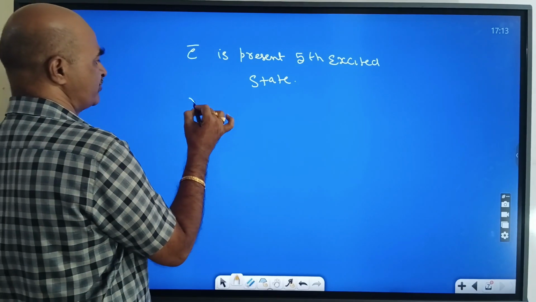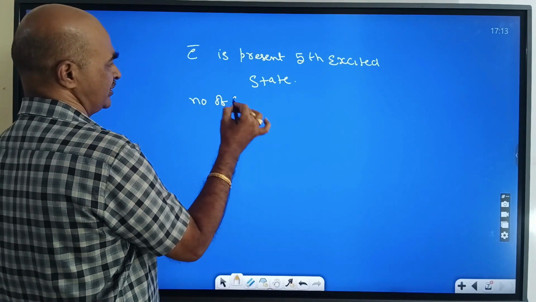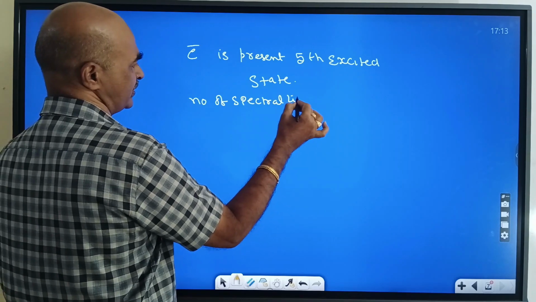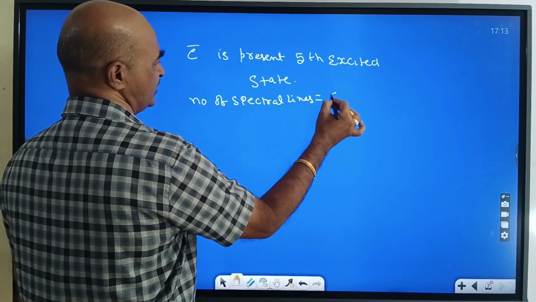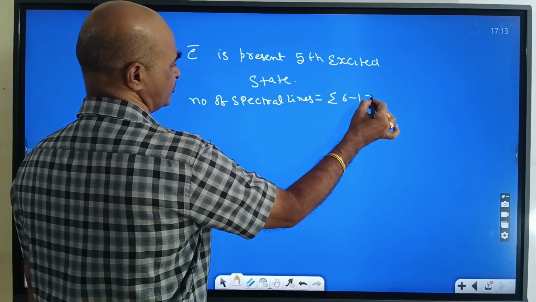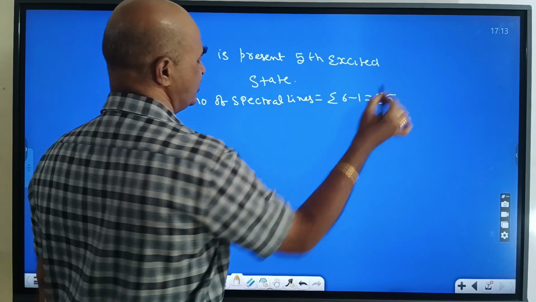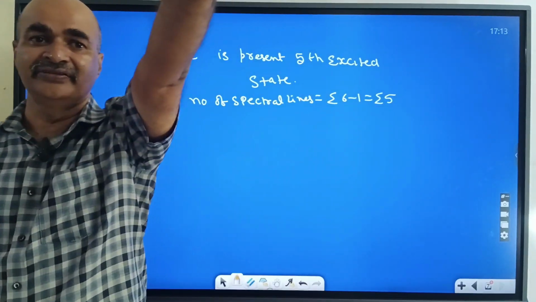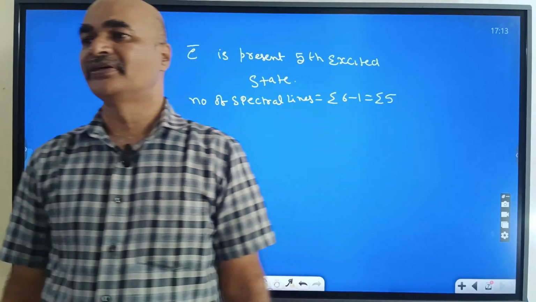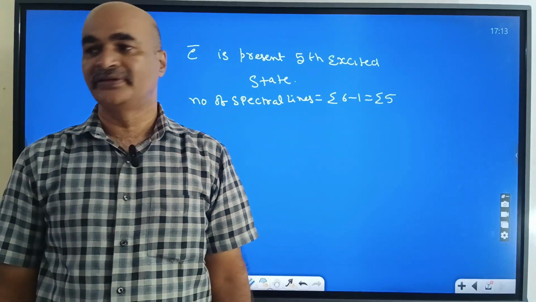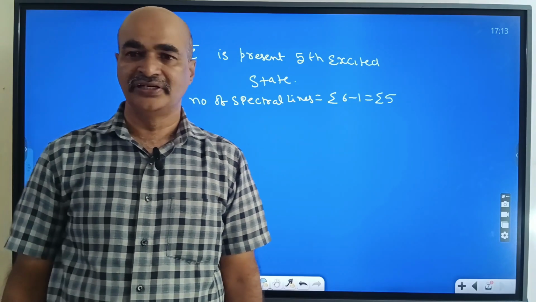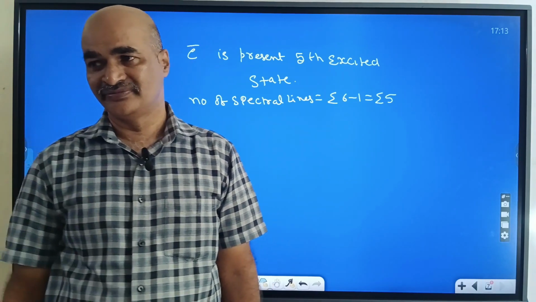Number of spectral lines: 6 minus 1 is equal to sigma 5, since fifth excited means the electron is present in the sixth orbit.